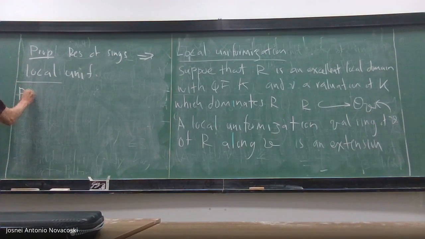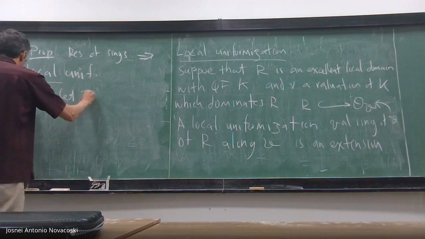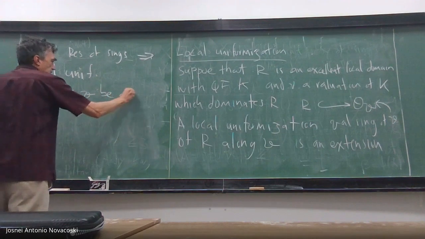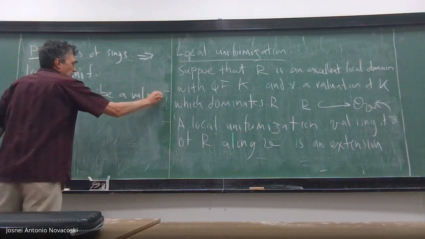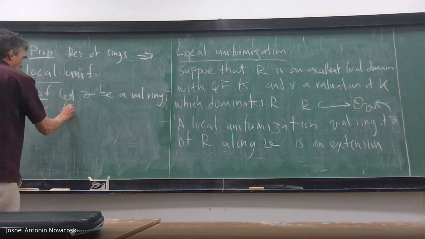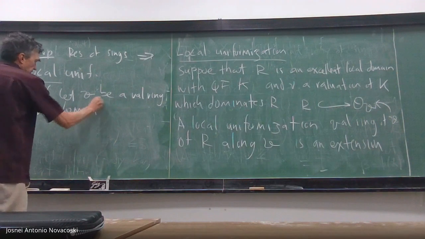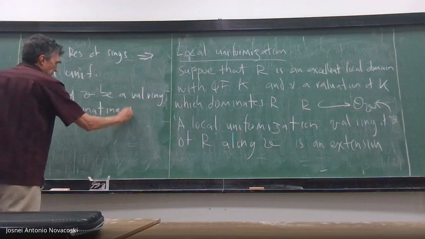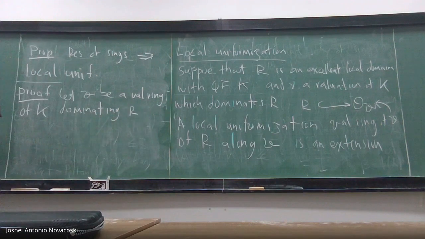This is the proof. Let nu be a valuation ring, and we want to resolve along it, dominating R. Then we have a picture like this.